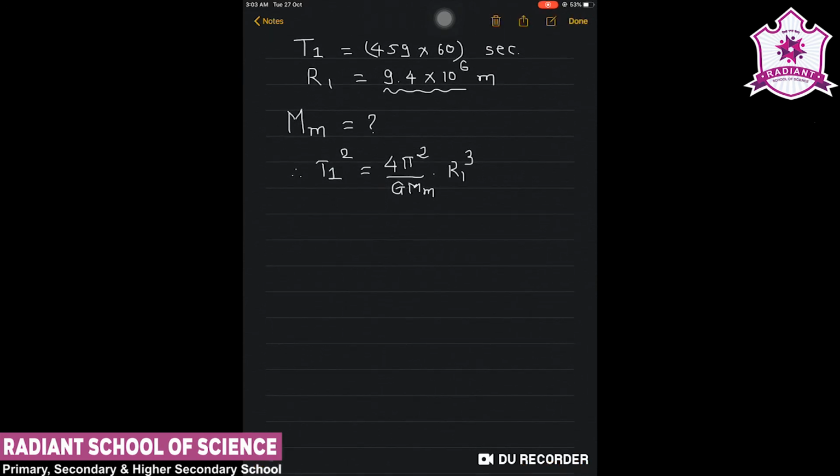Therefore the mass of Mars is equal to 4 pi square into r1 cube over G into T1 square.